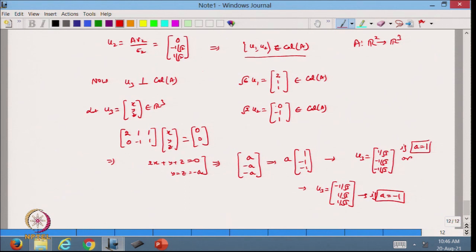Everything depends on this choice. But these are orthogonal to the other vectors, and if you take the dot product, you will see they are orthogonal to each other.